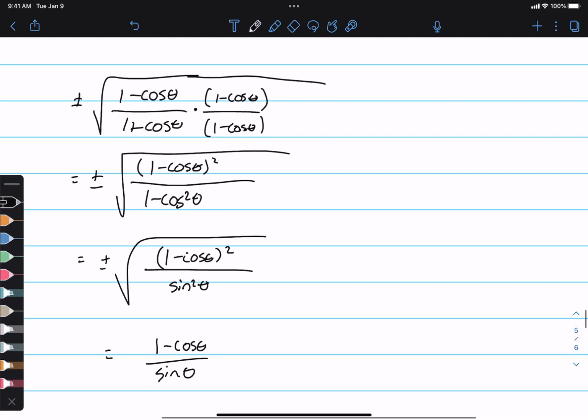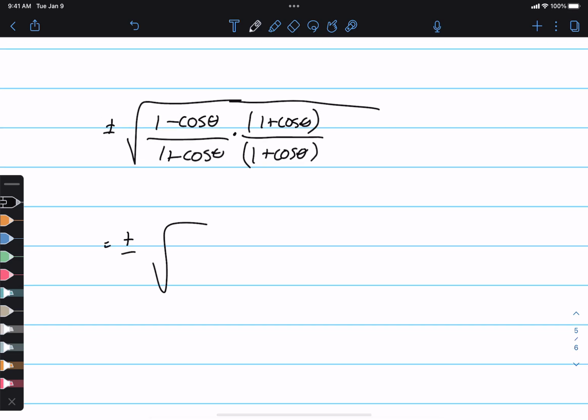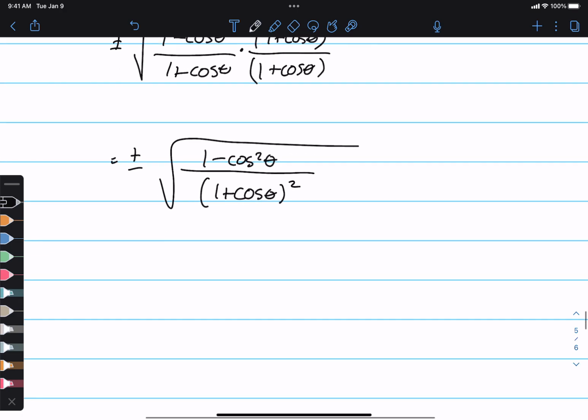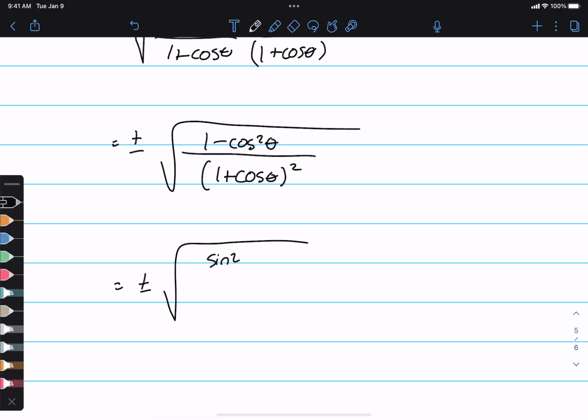And likewise, if we instead multiplied both sides by 1 plus cosine of theta divided by 1 plus cosine of theta, now this bottom term becomes 1 plus cosine of theta squared. And this top term is 1 minus cosine squared theta, and 1 minus cosine squared theta is sine squared theta.